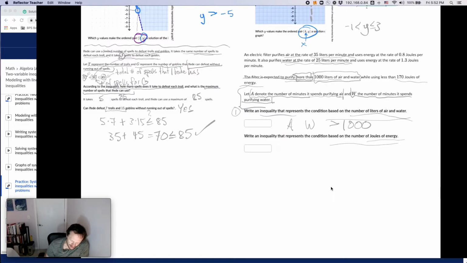So if we take the number of minutes on air, so A, and multiply by 35, that's going to give us the amount of air purified. And now we need to add 25 times W to get the amount of water purified. And we need to check to see, is that greater than 1,000? So we have in here 35A plus 25W greater than 1,000.